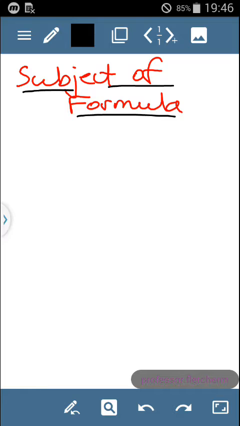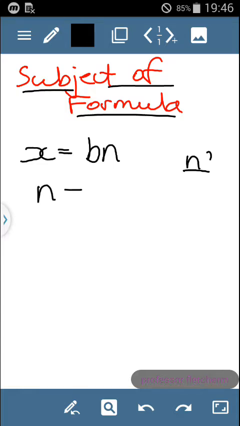For example, I'll look for something very literal. Let's say we have x is equal to bn. So you're asked to make n the subject of formula. In other words, you want to rearrange the expression such that you'll be saying n at the end of it is equal to something.